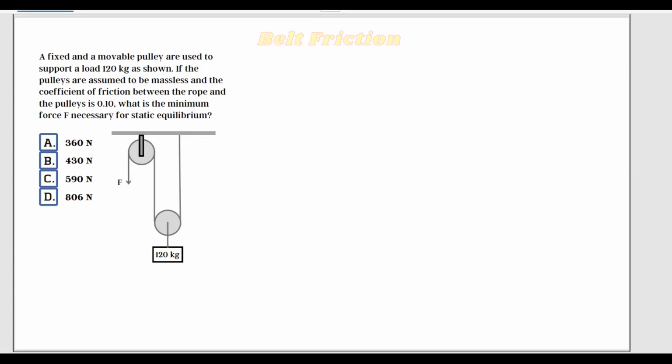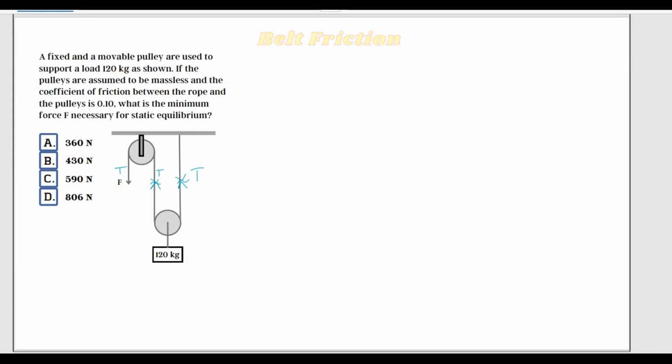So usually when we do a pulley problem, we assume massless and frictionless pulleys. And when that's the case, we have the same tension on every side of the pulley. So we have T here, and T over here. Now, when there is friction present, the tension is not the same anymore.